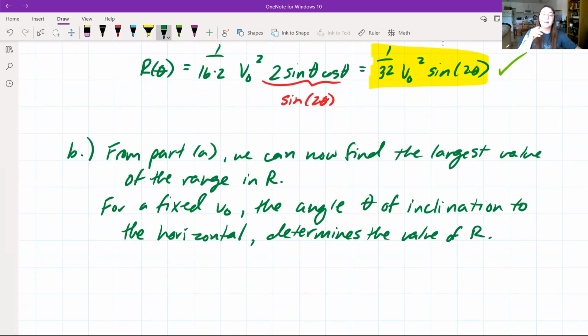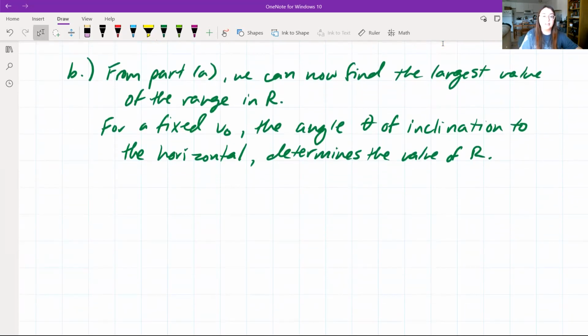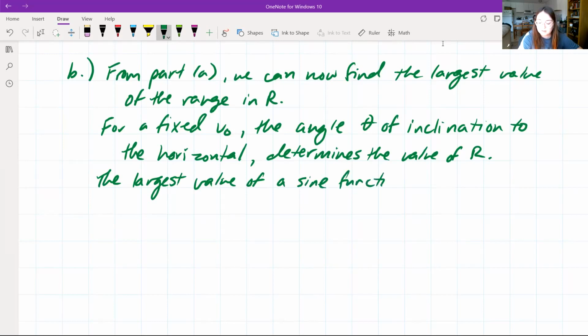So this means that if v naught is fixed and 1/32 is just a constant, it's really just theta that's affecting this equation. Now all we need to do is find the largest value of sine of 2 theta, which, the largest value of a sine function is 1 at 2 theta equals 90 degrees.